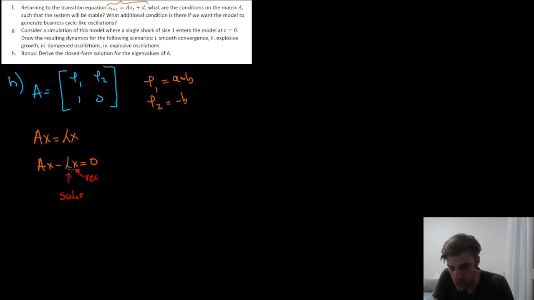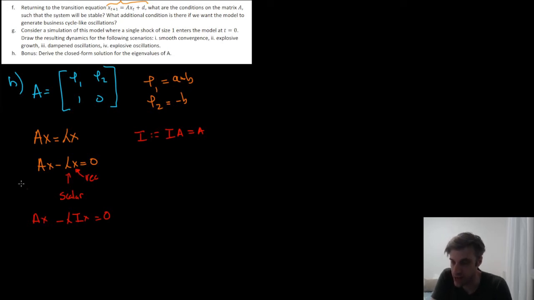But to make things clear, you know that the identity matrix is defined such that I of A equals A, right? It doesn't do anything. It's like it's 1. Okay, so we can write this equation as Ax minus lambda I x, okay? Because Ix equals x.